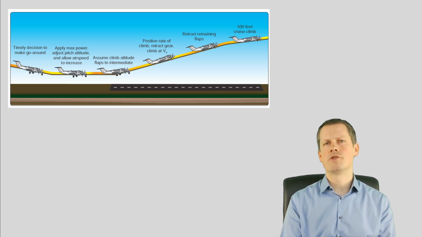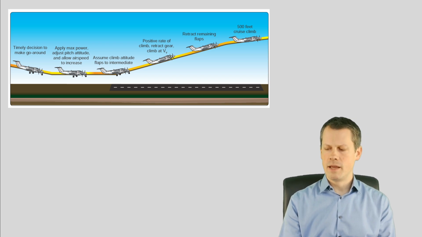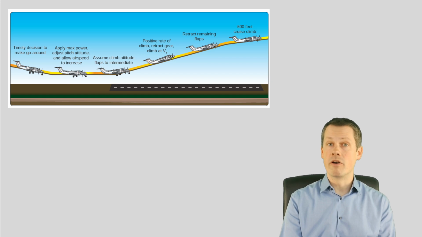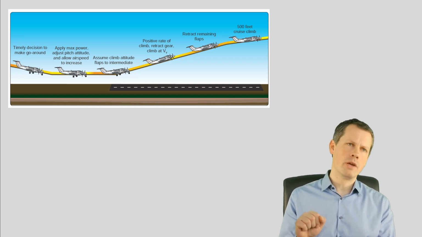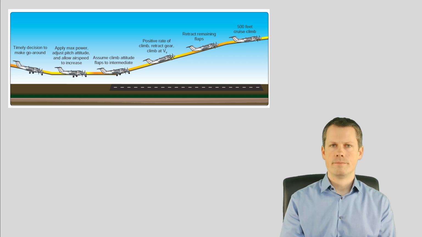So your first concern should be to add takeoff power smoothly and continuously to the maximum power that is available or allowed in a certain situation. Normally this is simply takeoff power. In a Cessna 152, for example, you simply could push the throttle full forward. Now, if you want to have full power, you also have to switch off the carb heat. So this would be a good time to do it.